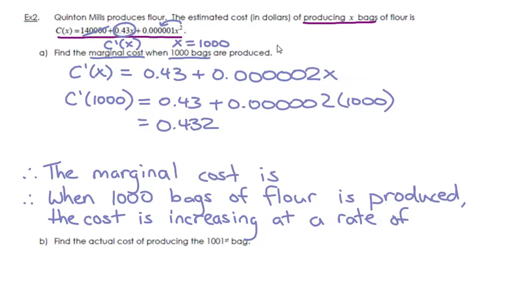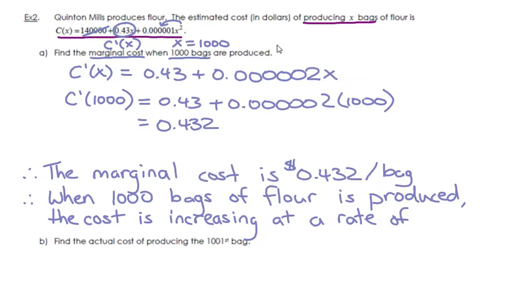So what does that actually mean that I just found? Well, when I've sold about 1,000 bags, the change in my cost of producing those bags of flour is going to be $0.432. Because it's a marginal cost, it's a rate, a derivative per bag.